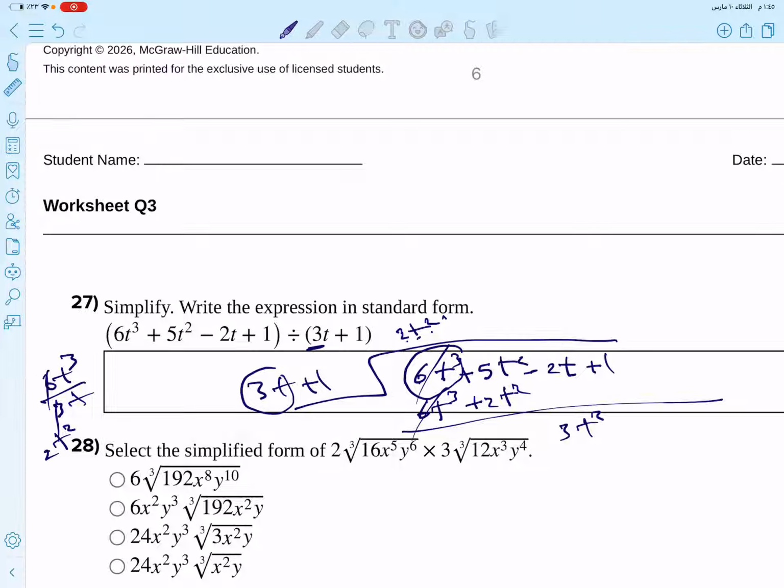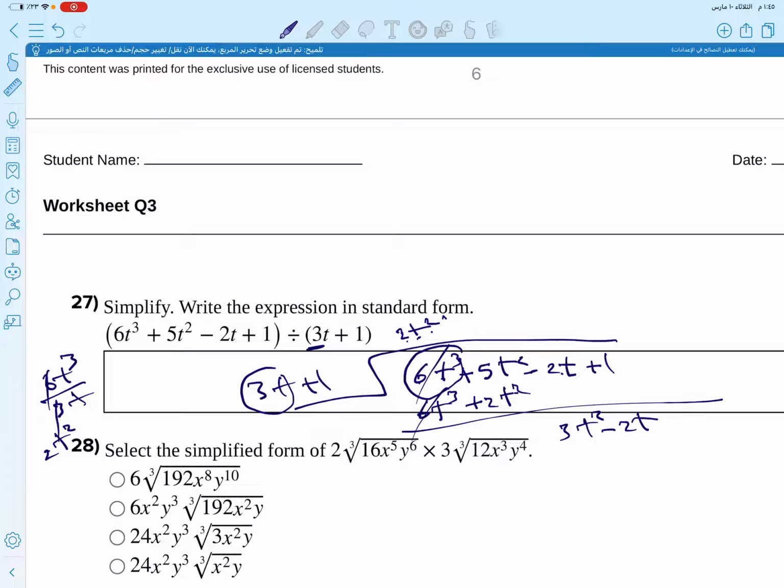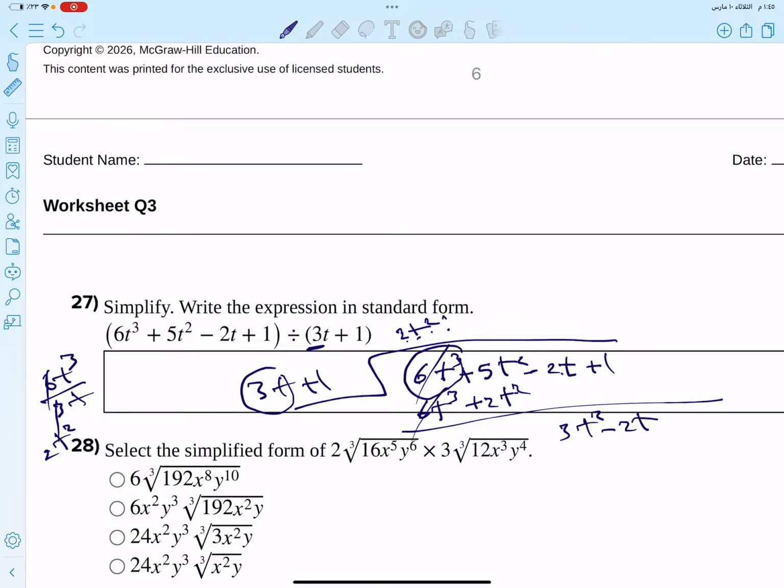5 minus 2, 3t to power 2. Now bring down negative 2t, now 3t to power 2 divided by 3t. So I need to multiply by t. 3t squared plus t. Subtract this with this. So negative 3t, because I have negative here.